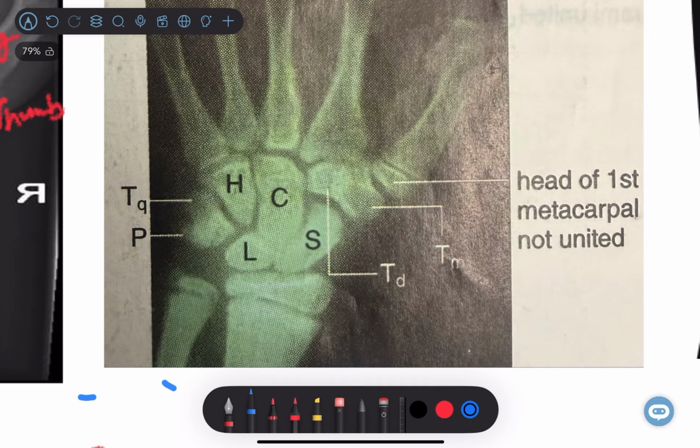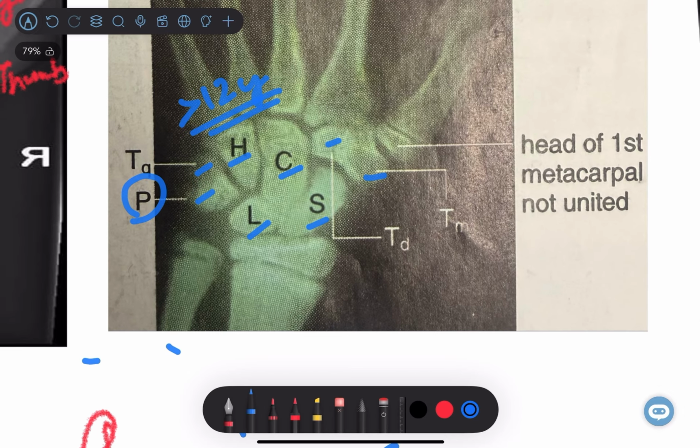Similarly, I have this photograph of an X-ray. We can see capitate, hamate, triquetral, pisiform, lunate, scaphoid, trapezium, and trapezoid. All the 8 carpal bones are present. That means the age is more than 12 years, as the last bone to come is at 9 to 12 years.